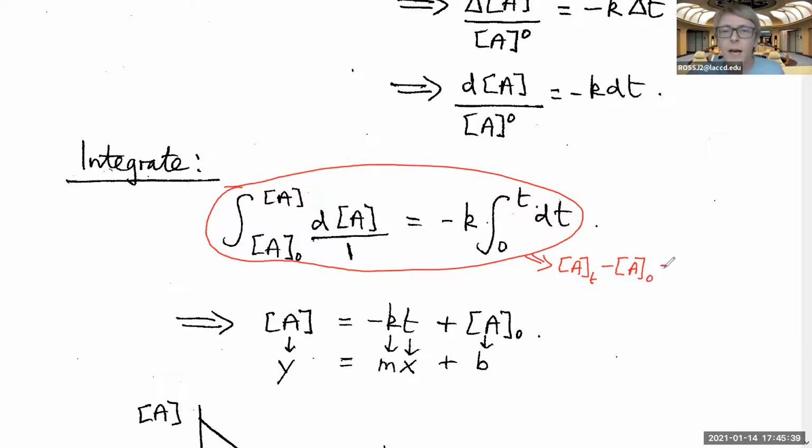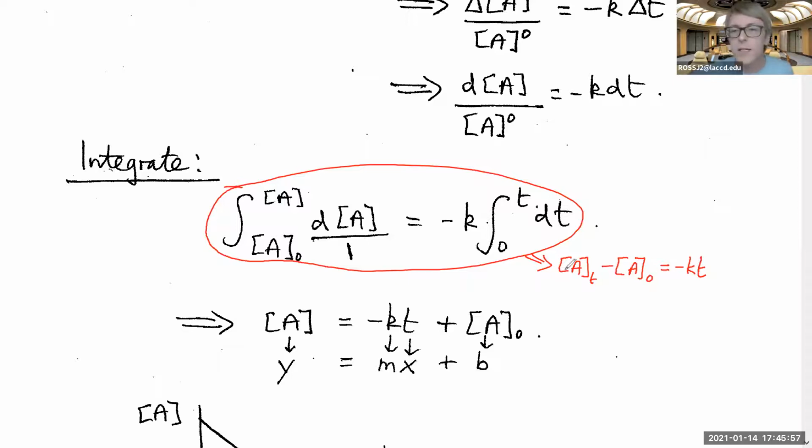And that's going to give me minus k t, and then it's also going to give me minus k at time 0, which is just 0.